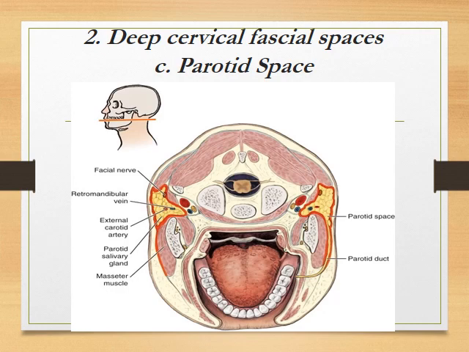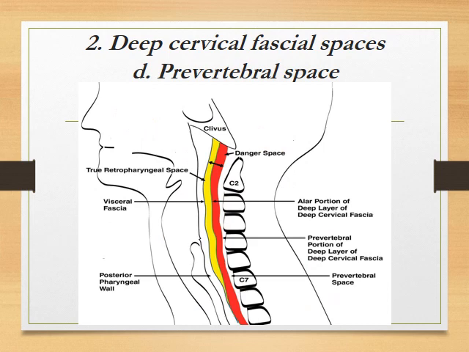Also, a purulent exudate may be seen coming from the parotid duct when pressure is applied. The surgical approach is through extraoral approach, a broad incision posterior to the angle of the mandible.